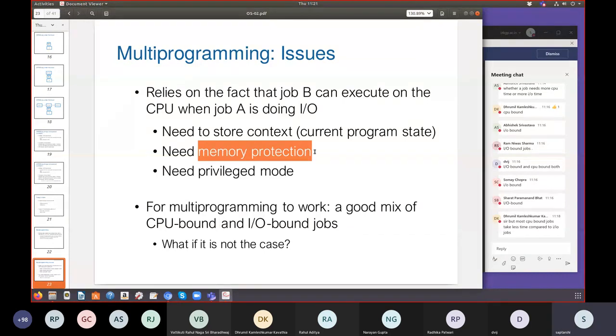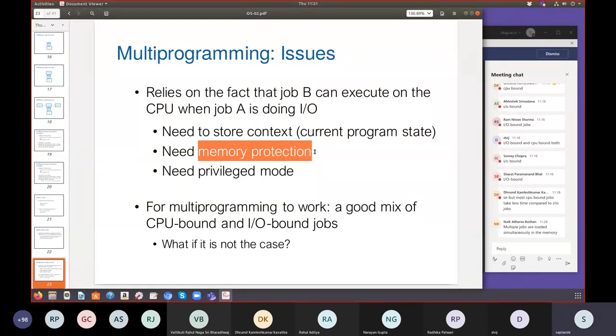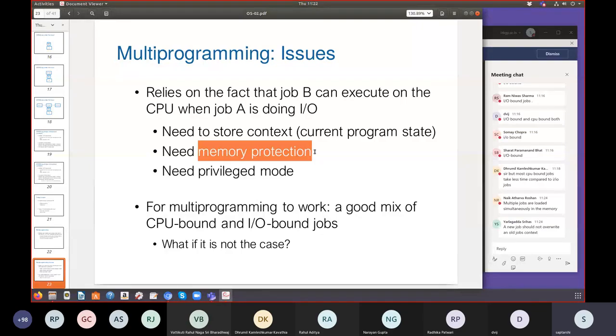Think about a major difference between batch processing systems and multi-programming with respect to the memory. Why do you think we are talking about something called memory protection? Exactly. So Roshan and Srihas have given the right answers.